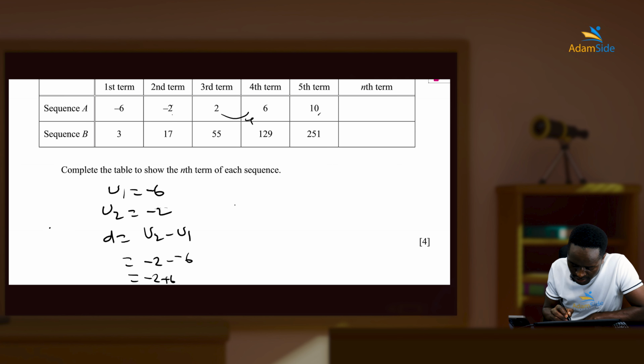Here it increases by 4 each time, a common difference. Therefore it is an arithmetic sequence, and the nth term is always a1 plus n minus 1 times d.